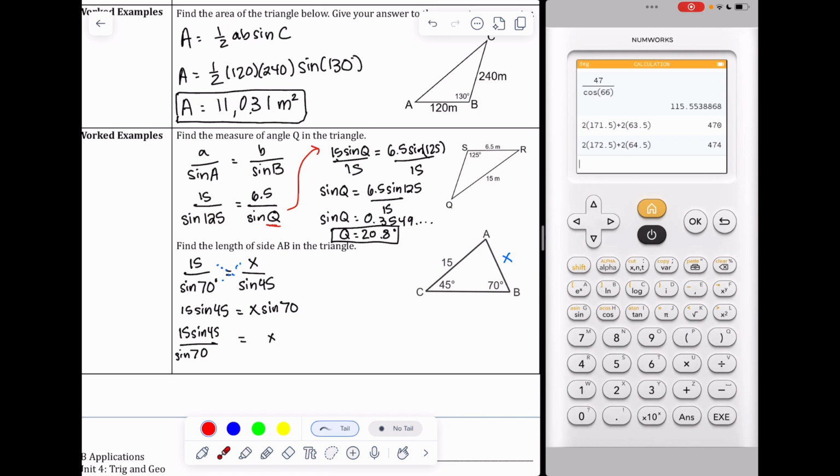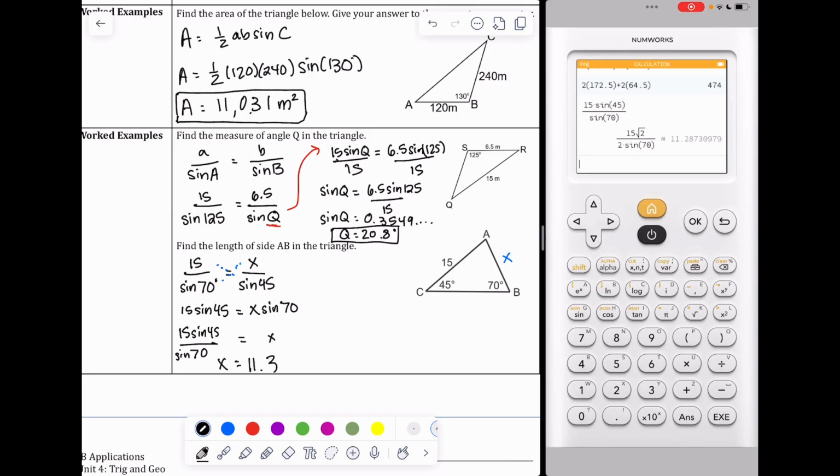So, we have 15 sine of 45 divided by sine of 70. That looks a lot more like it. X equals 11.3. Again, we don't have units, so we'll just leave it like there.